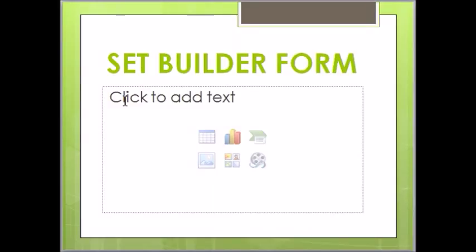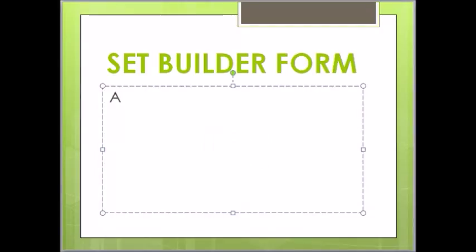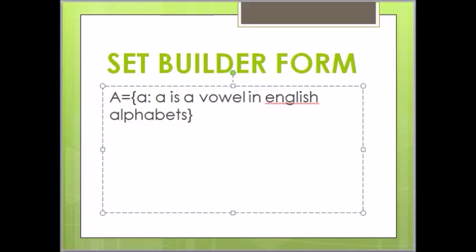Again, if I write the previous set in this form, it will be represented like this: A equals, within curly braces again, the set of all a such that a is a vowel in English alphabet.